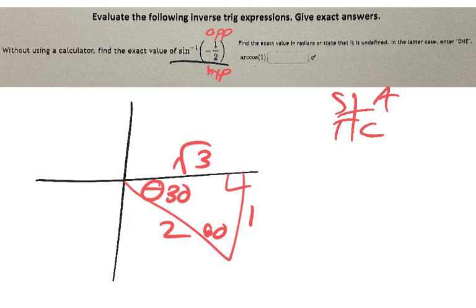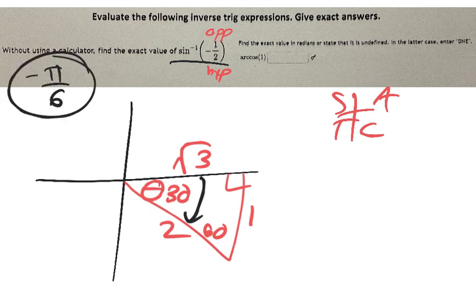I'm assuming it's in radians since it doesn't tell me otherwise, so 30 degrees in the fourth quadrant would be a -pi/6 rotation. It's only defined between -pi/2 and pi/2, where it's continuous. So this time you're rotating in the negative direction to get to the fourth quadrant.